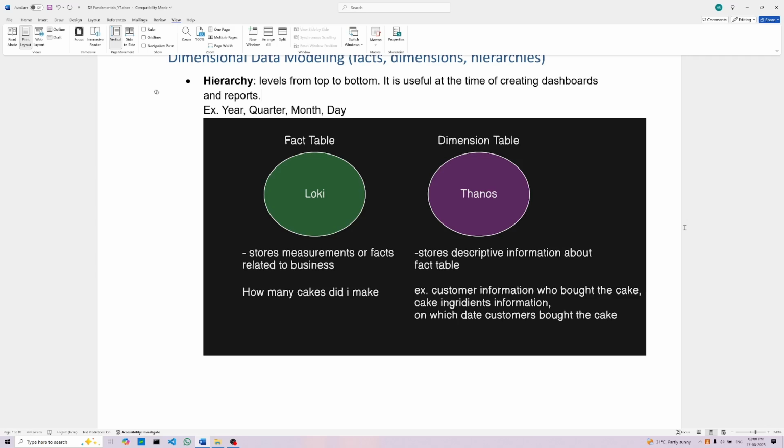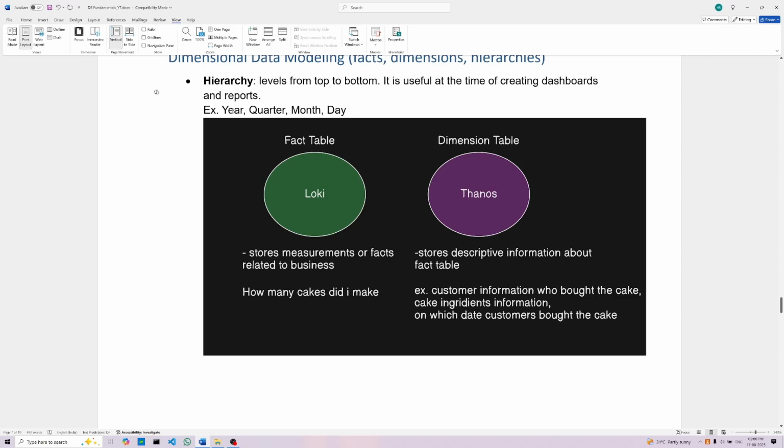One more is pending, hierarchies. So what is a hierarchy? It's just a level from top to bottom. Generally it is used only at the time of creating dashboards and reports. Suppose we have a date table, there we can create a hierarchy.